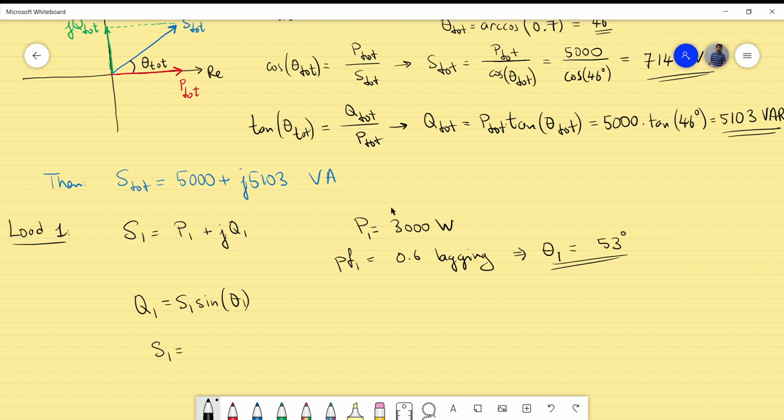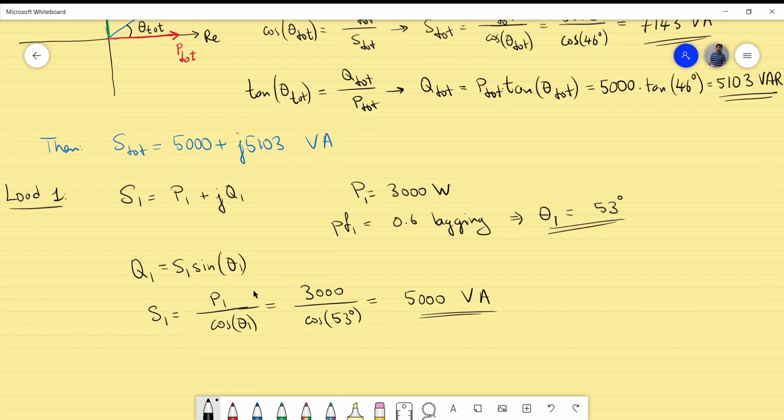S1 will be P1 divided by the cosine of theta 1. So I have 3000 divided by the cosine of 53 degrees, and if I calculate this correctly, I will have 5000 volt amperes. Okay, that's for S1.